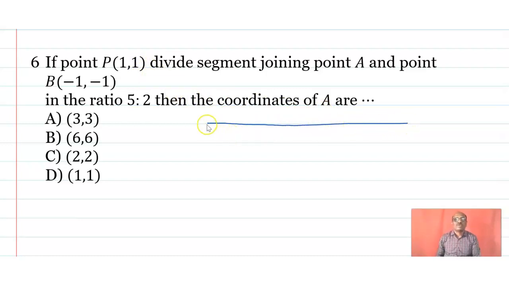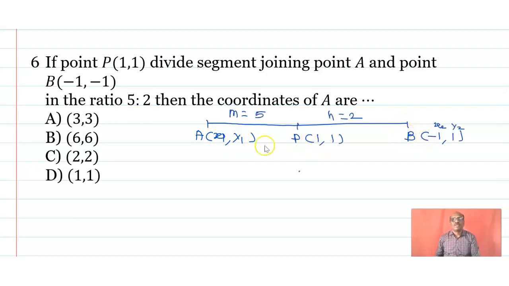Okay, this is the point A आणि त्याचे coordinate किती x1 and y1 and the coordinate of the point B, -1 and here -1. Okay, and this is the point P. Therefore here we will apply the section formula.